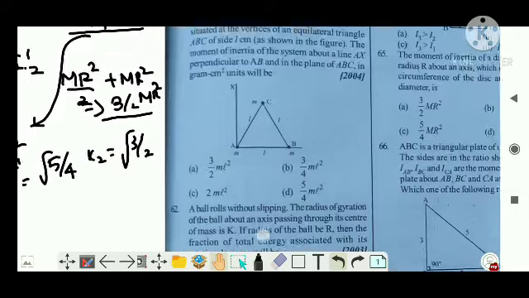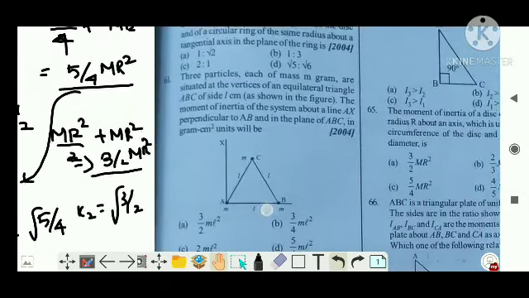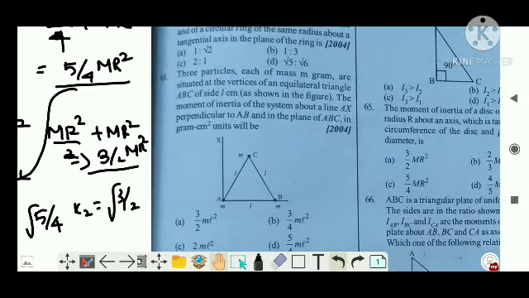Right, let us move on with question 61. It's very easy. Three particles of mass m gram are situated at the vertices of an equilateral triangle ABC. Side is L. Find the moment of inertia of the system about AX, where AX is perpendicular to AB and in the plane ABC.